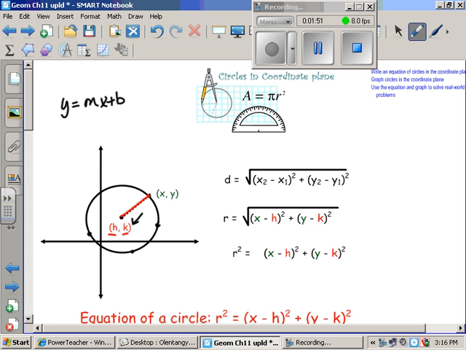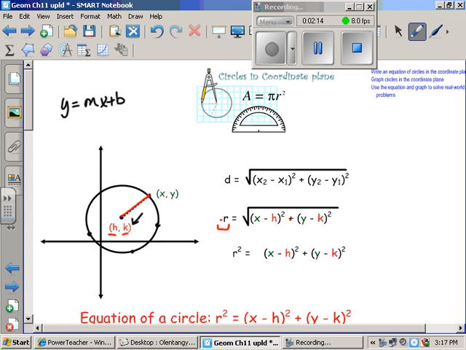So I'm going to rewrite the distance formula, and the distance is going to be the radius. So the radius is equal to the square root of x minus h squared plus y minus k squared. Same formula, just using more specific letters for a circle.